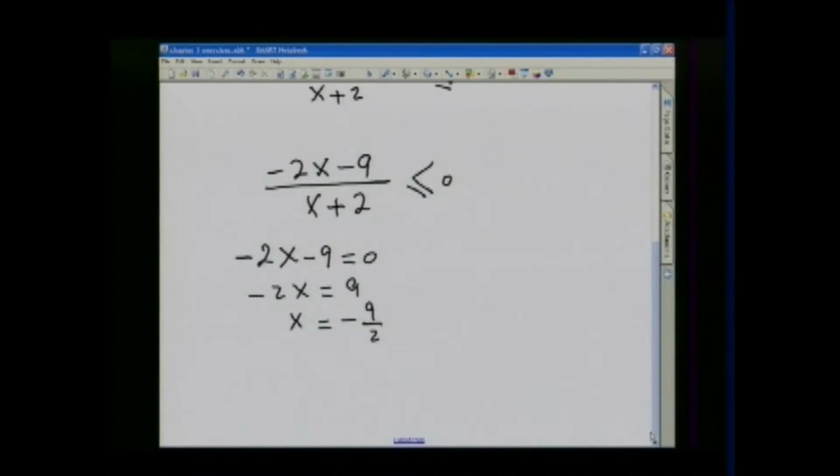This is 1. On the other hand, for the denominator, x plus 2 equal to 0, so x is equal to minus 2. These are the values which would make the numerator and denominator equal to 0.